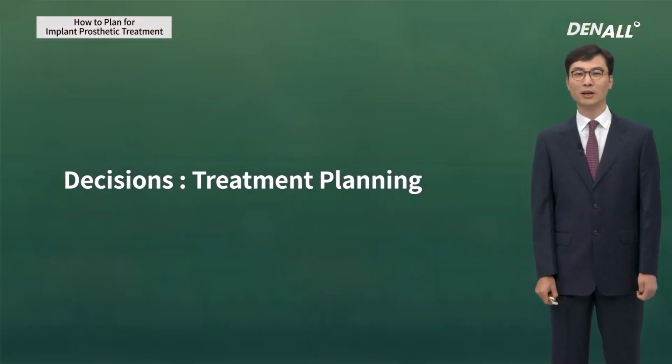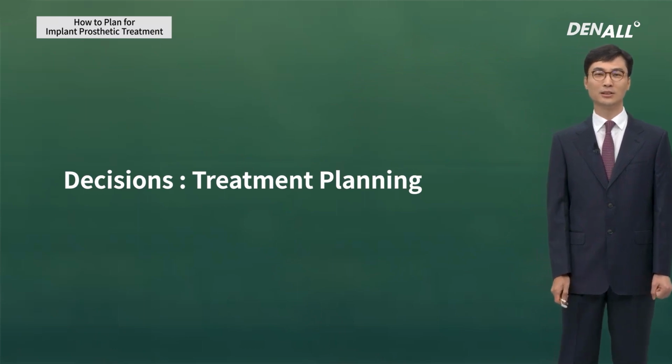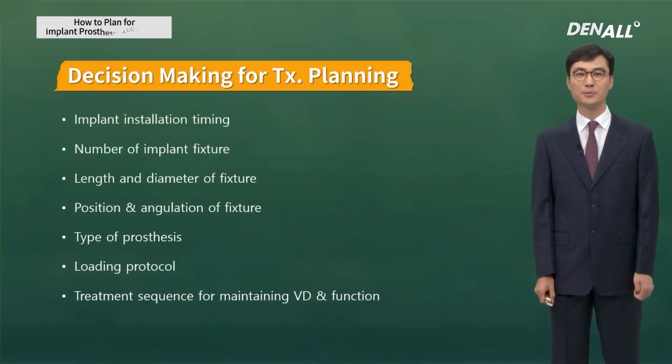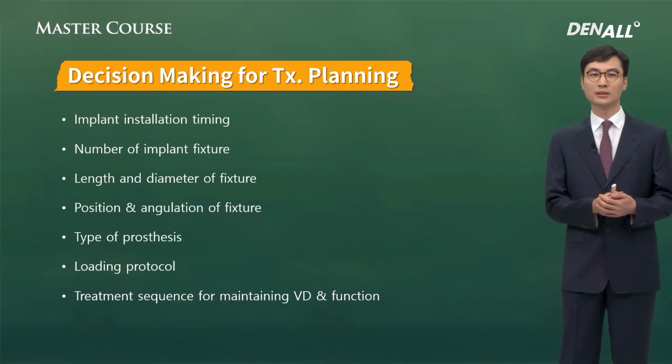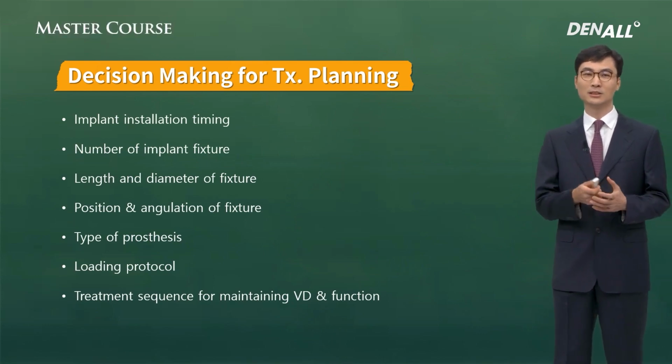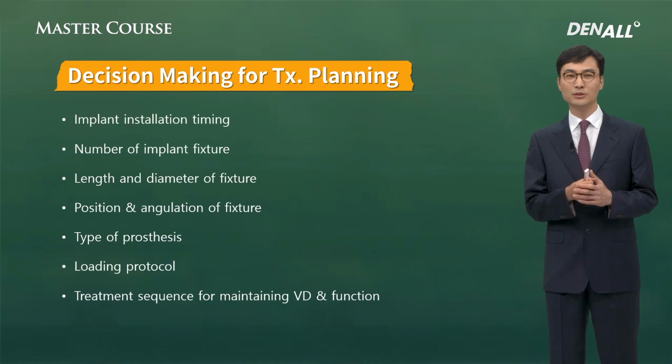Next, I'm going to talk about the decisions that need to be made when we come up with a treatment plan. There are multiple decisions that we need to make.